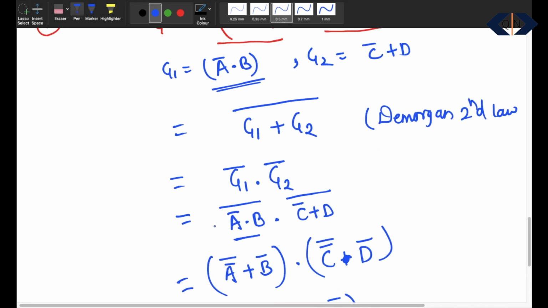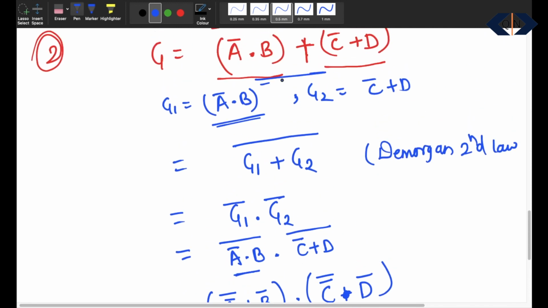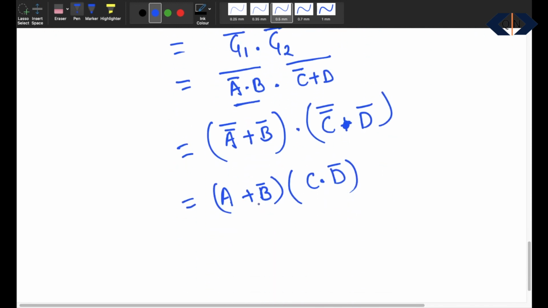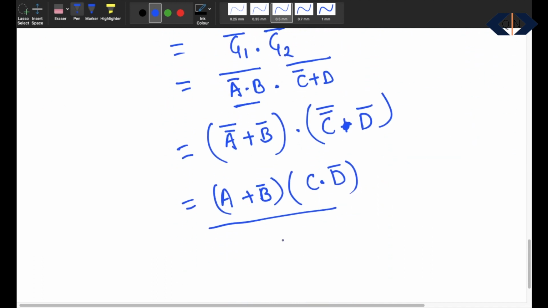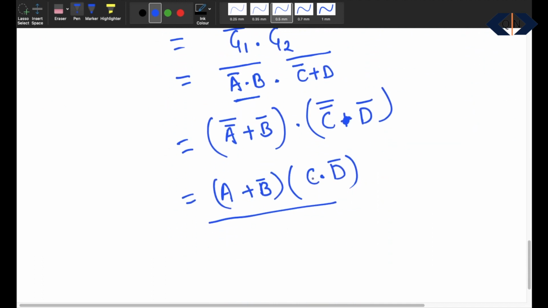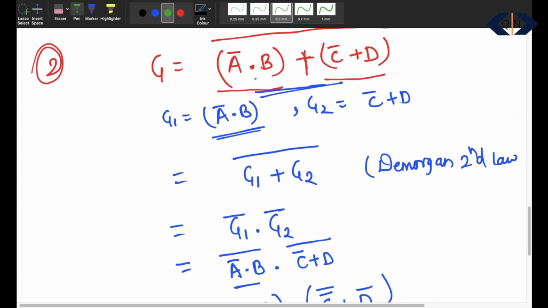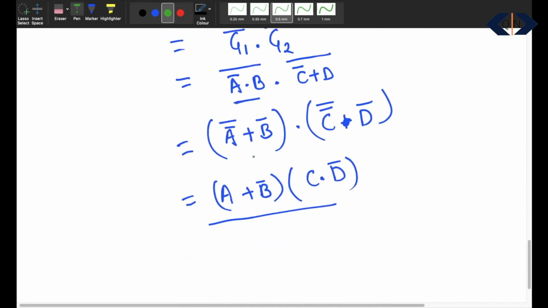So from here we have arrived at this position. Simply from OR operations we are coming to the AND operation here, and it is a more simplified form. So from here we can say that we can change a circuit from one form to another, or we can simplify it into another form.